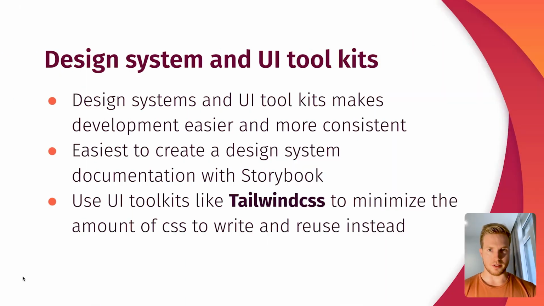Then we got the design system and UI toolkits. So basically these are tools that are gonna make development easier and more consistent. You're gonna have a bunch of building blocks that make development easier. The easiest way to start creating a design system, at least the documentation for it, is using a storybook, because it's gonna be an easy way to showcase the different UI components in your design system.